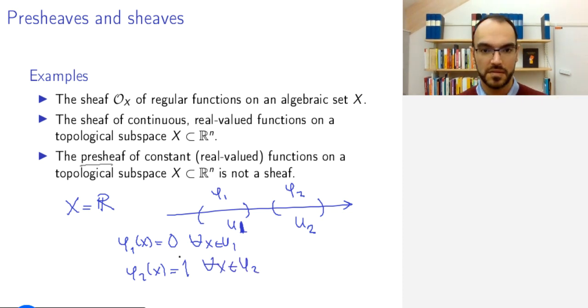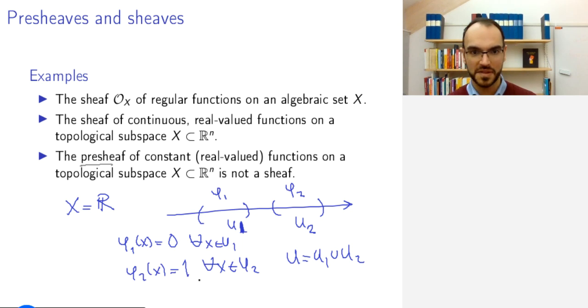Certainly these are constant functions, everything is fine. But now if I take U to be the union of U1 and U2, there is no constant function on U that takes the value 0 somewhere and 1 somewhere else. So being constant is in this respect a bad definition. Why is it bad? Because it's not local, it's global. You cannot locally check if a function is constant.